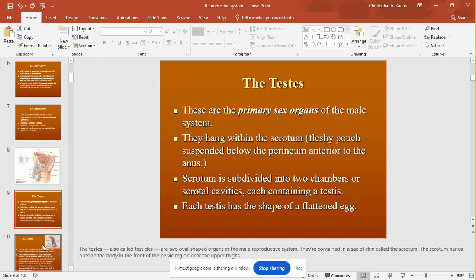In most people, if not all, it is subdivided into two chambers or scrotal cavities, and each of these cavities will contain a testis. The testis is described as having the shape of a flattened egg or an oval. Most people say it like that.